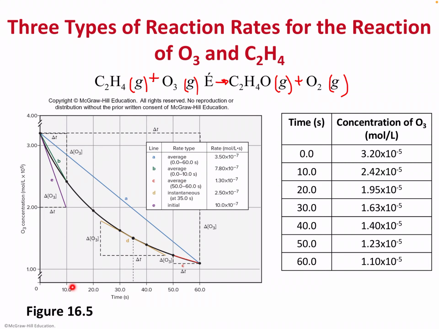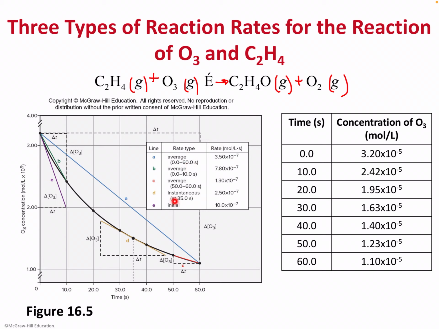So 0 and then the 10 seconds here. So what you do is you make a straight line from here to here, and you can find out the average rate for 0 to 10. Or if you want to find out the average rate from 50 to 60, so here's the 50 and here's the 60, and you draw a line, and then you can find out the average rate. Concentration of ozone over time period. That's how you find average rate. Since the time periods are different, you can see different rates for the average. And that is one type of reaction rate.